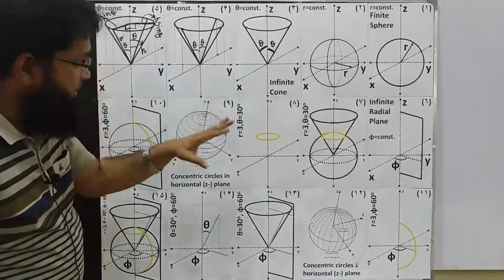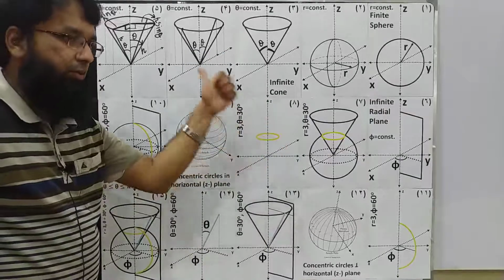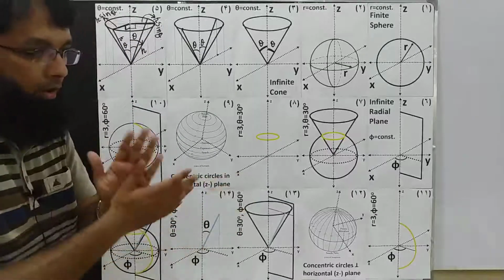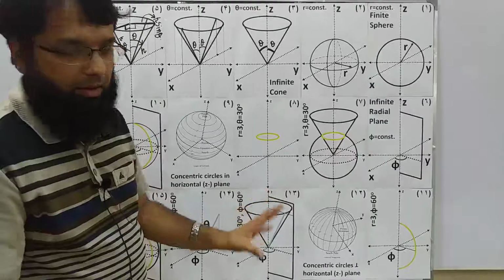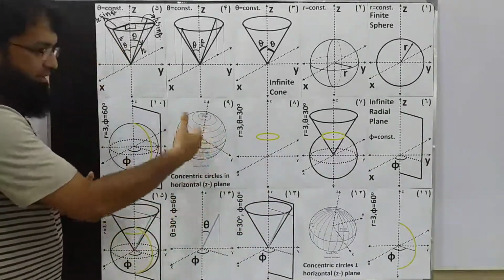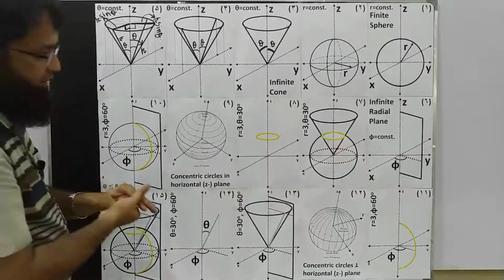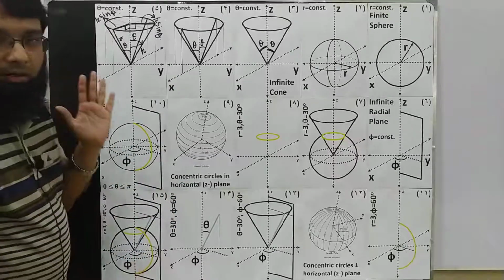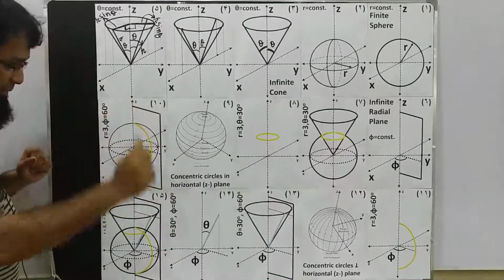Remember that all these surfaces, the fundamental surfaces we talked about earlier in the cylindrical coordinate system or the Cartesian coordinate system, are imaginary surfaces. They are not made up of any material. Earth is made up of a material, but it serves as a good example to understand, which is why I'm giving you the example of Earth. Otherwise, all these fundamental surfaces are material-less imaginary surfaces.